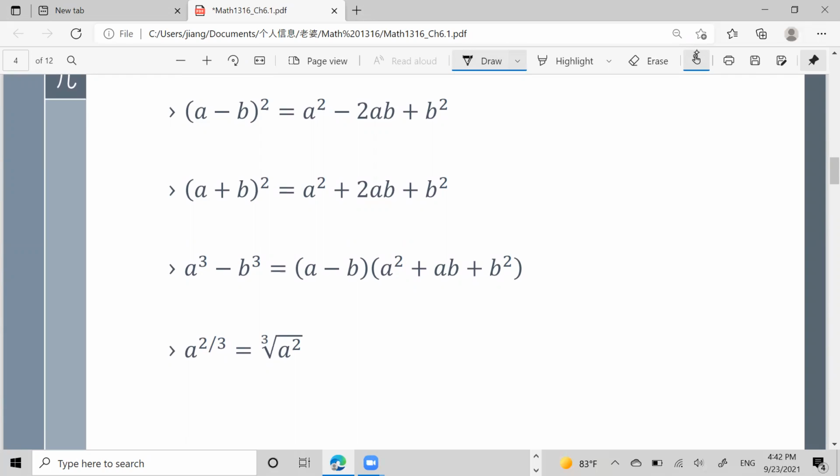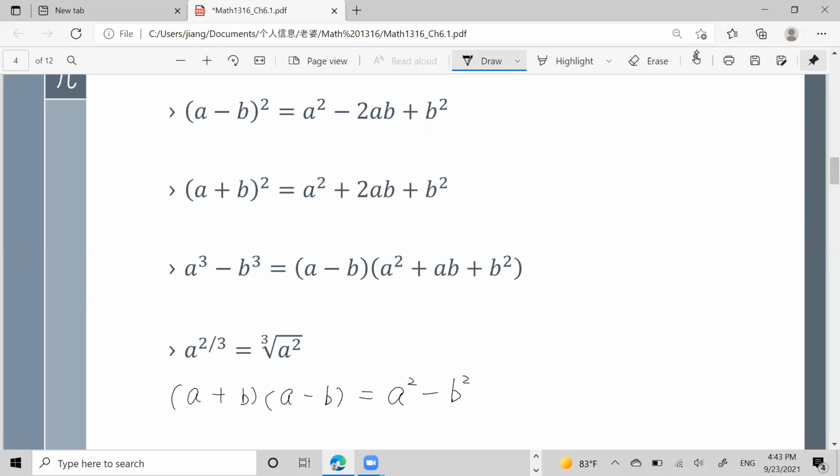You must also memorize another one, the conjugate rule, which is (A + B) times (A - B) equals A squared minus B squared. And they are equal. If I provide you A squared minus B squared, you need to show us (A + B) times (A - B).